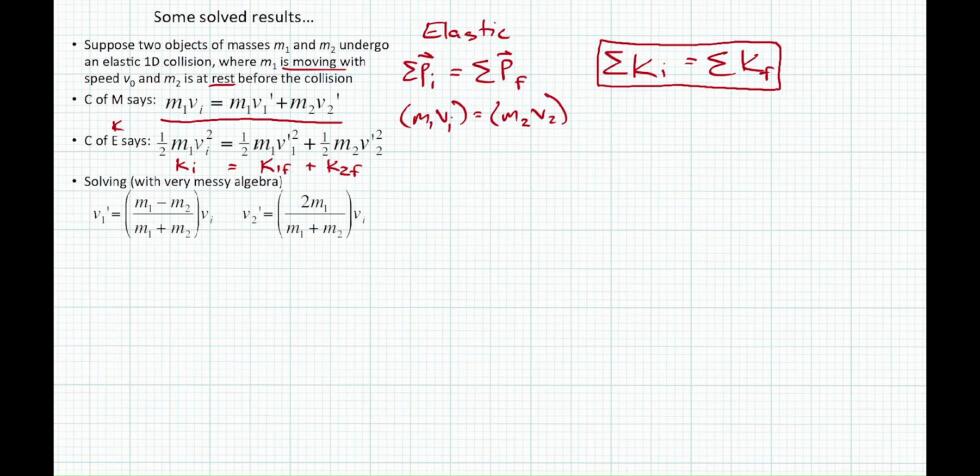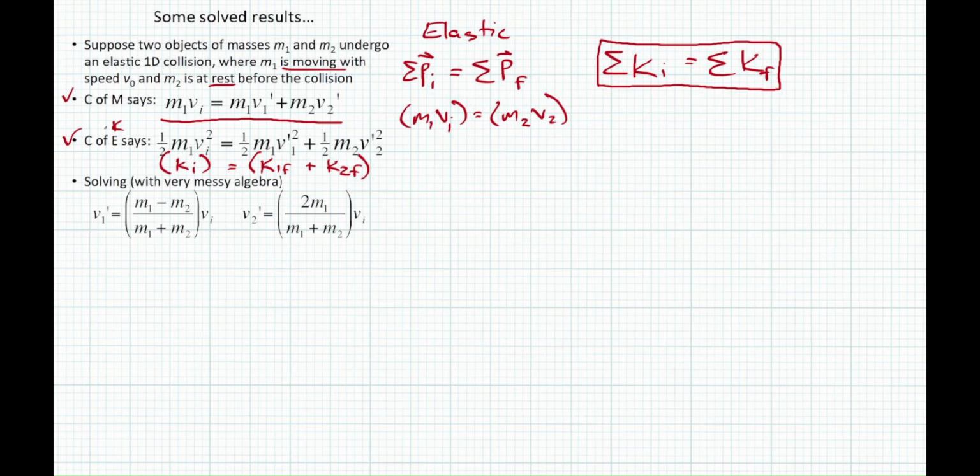What is true is that they have to equal each other. This has to equal that. The kinetic energy going into a system must equal the kinetic energy coming out of the system if it is to be an elastic collision. So both of these are true, and I think we've covered both sufficiently in class.